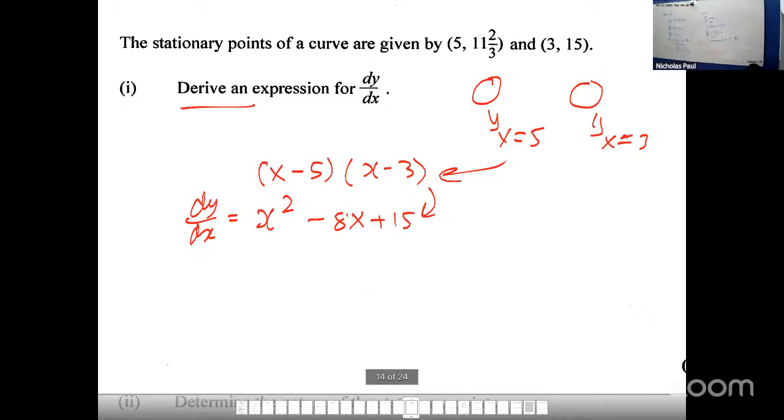Because you can take it out. Oh, and to get this part, it would be right.